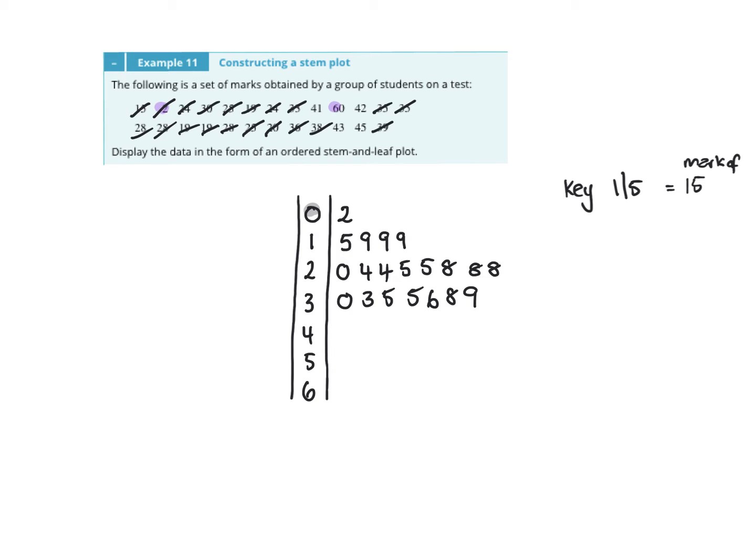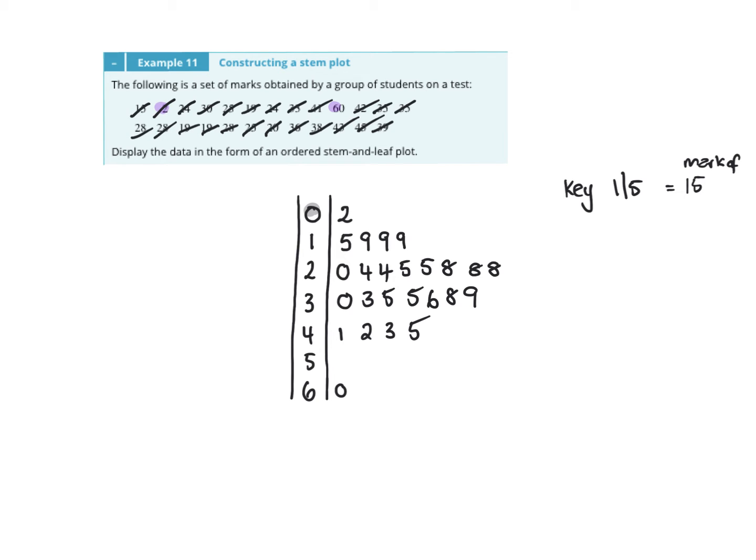Then I'm up to 40, and I've got 41, 42, 43, and 45, and no 50s, so I just leave it blank like that, and a 60.